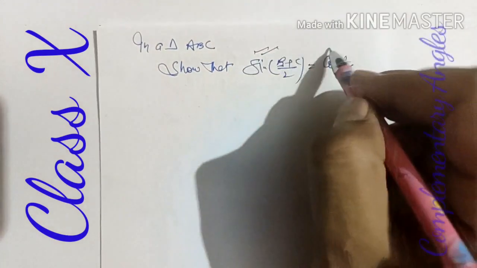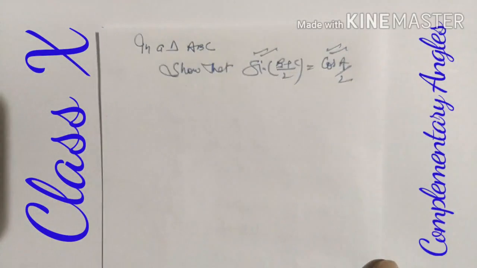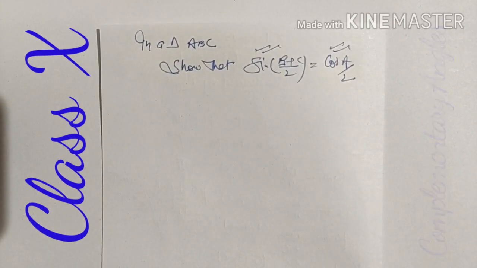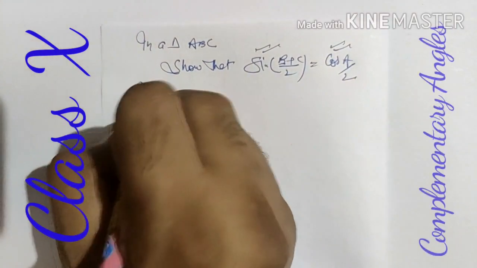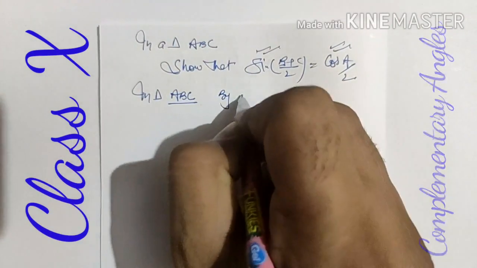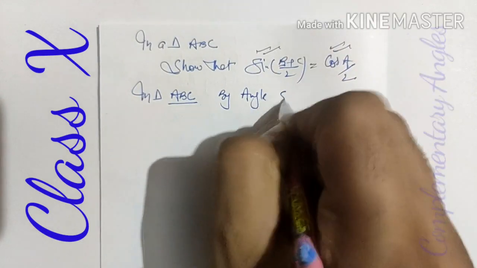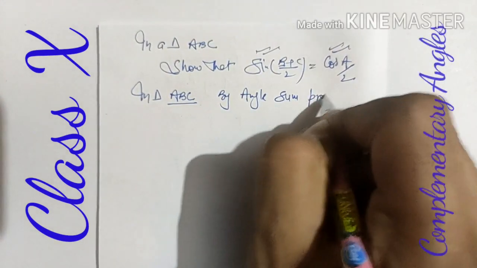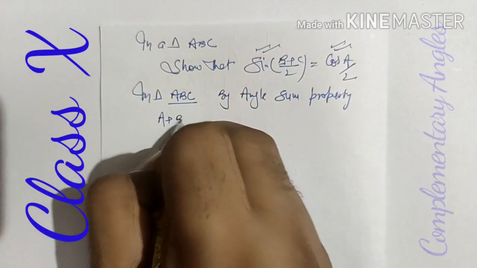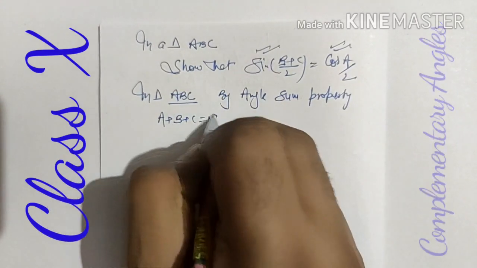It is a pair of complementary angles. So we have to use the fact that the sum of angles comes out to 90, as it is given in triangle ABC. We know that by the angle sum property, the sum of all angles is 180.